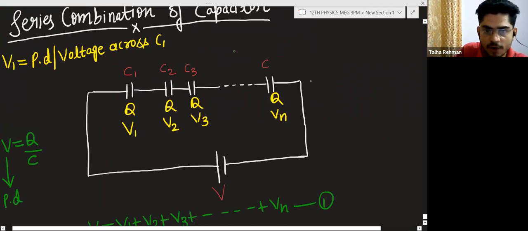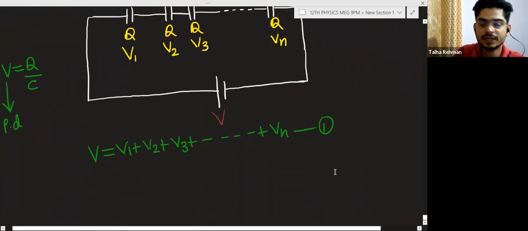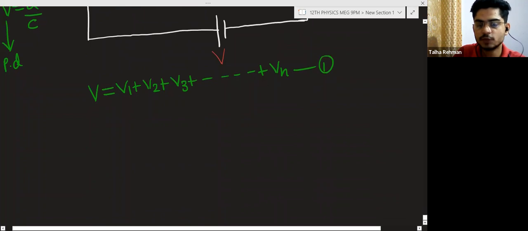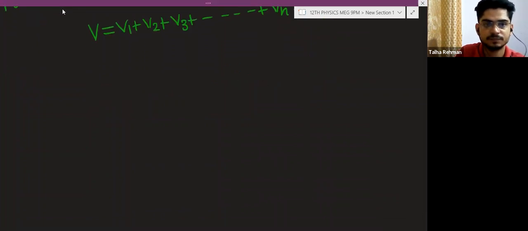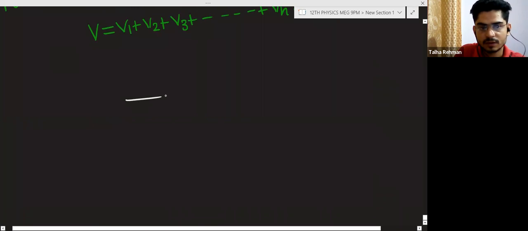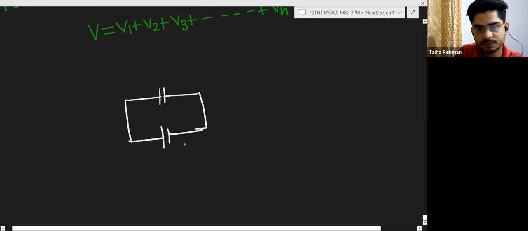Now instead of all these capacitors, up to Cn, I am taking a single equivalent capacitor. Here the potential is V and here is C equivalent.